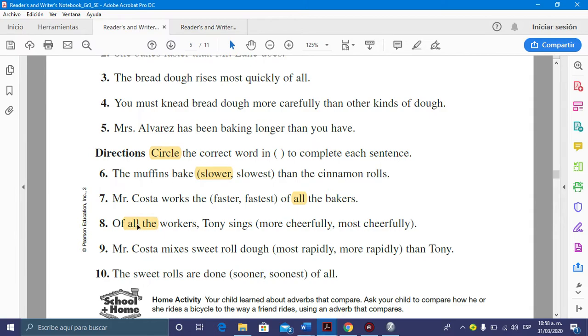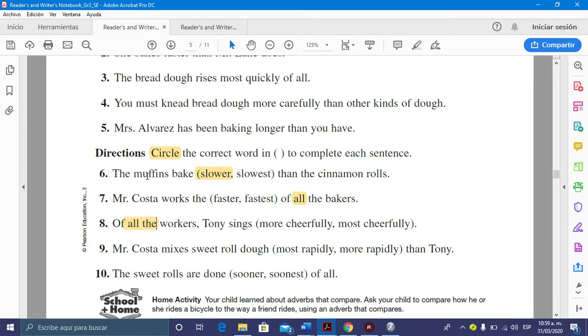So we have to use superlative. And what is the superlative? You have to check your notes. Number 9, Mr. Costa mixes sweet rolls than Tony. In number 9, we are comparing only two things. We are comparing Mr. Costa and Tony. So we have to use comparative.